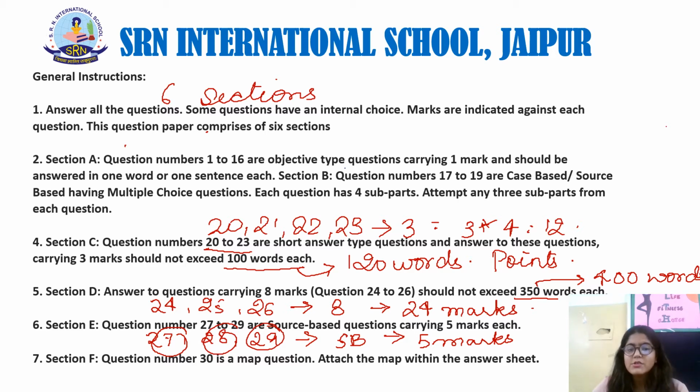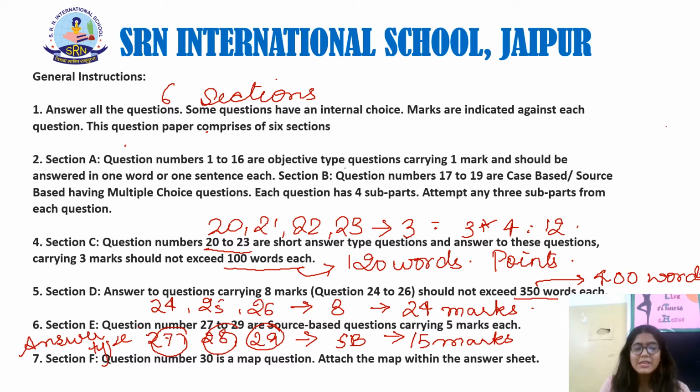So Section E is of 15 marks. In these questions you will get a few questions beneath the passage. This would be an answer writing section, with no objective type, but answer type questions.